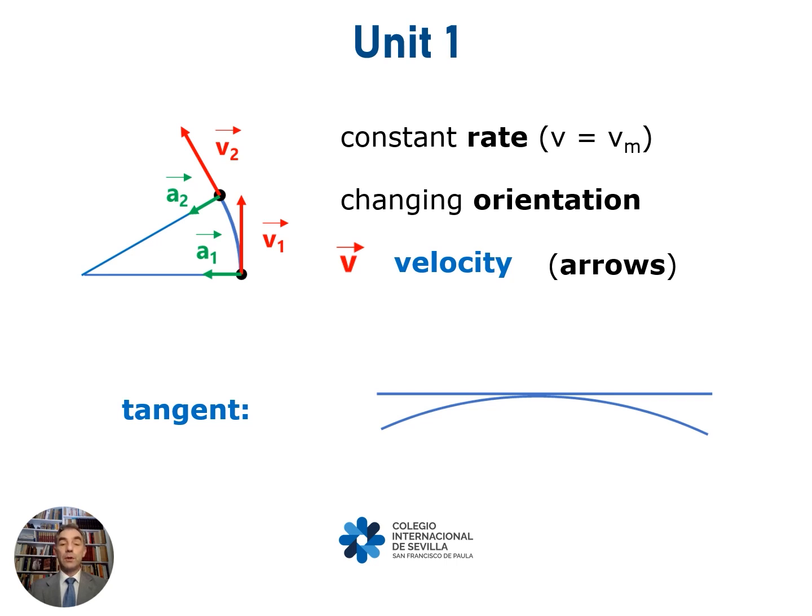In point 2, it is also perpendicular to the radius and again tangent to the trajectory. Velocity is always tangent to the trajectory in any movement.